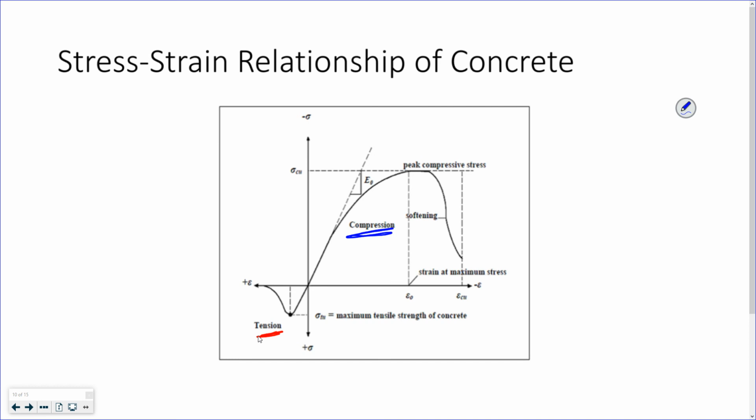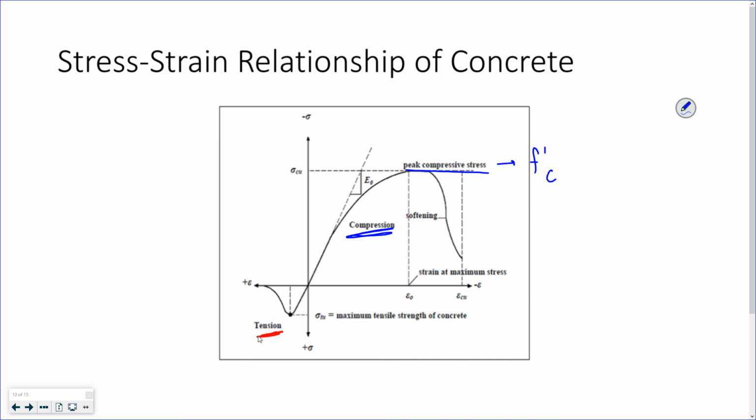We have a normal elastic stress strain curve, and you get an elastic modulus, then it begins to yield, and eventually you reach a peak compressive stress. This is called f'c.